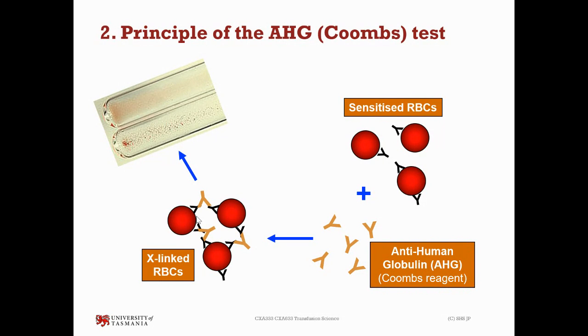The anti-human globulin reagent is able to cross-link those red cells and overcome the zeta potential, and then it agglutinates the red cells so that we can visualize them. You will be visualizing it in glass tubes. Okay, everyone happy with that?